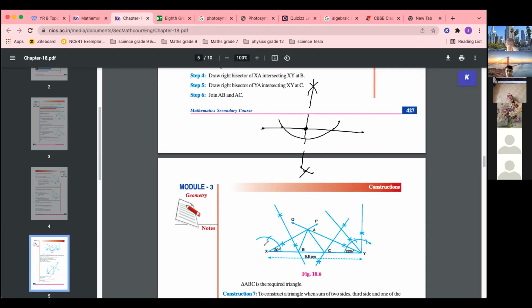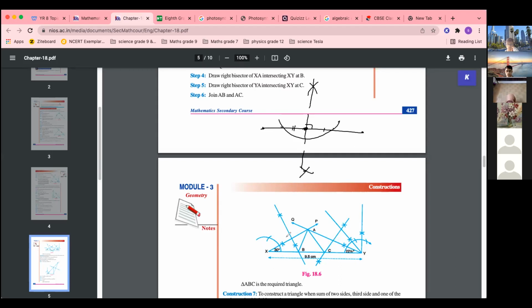So we joined XP and QY using the half base angles, and the point of intersection we got is A. Now we draw the perpendicular bisector of XA, which means it passes through the midpoint and is at 90 degrees.